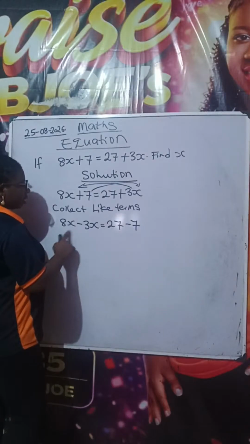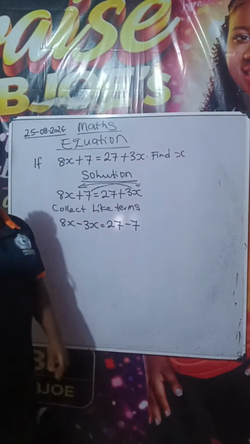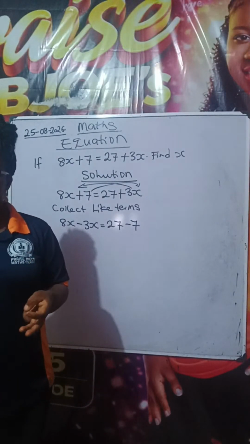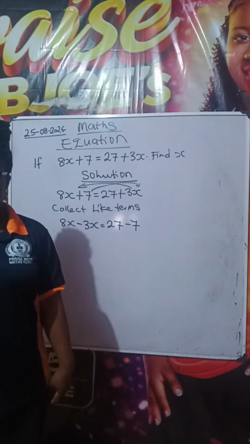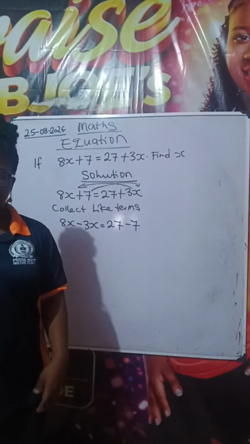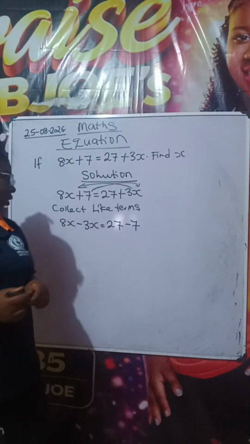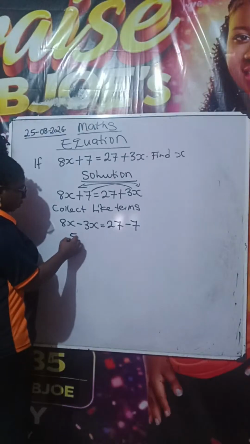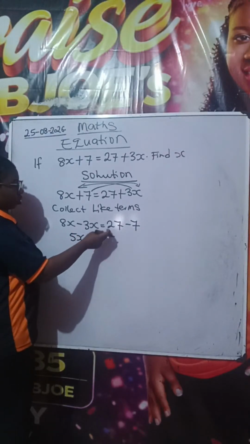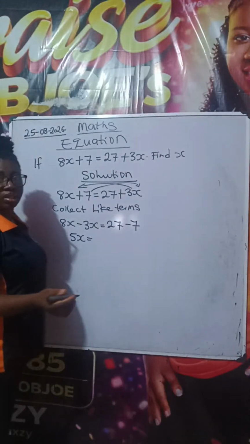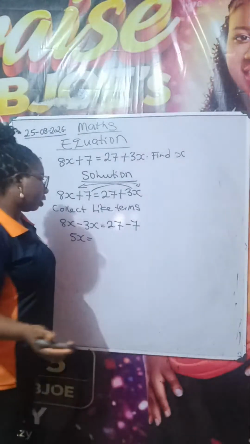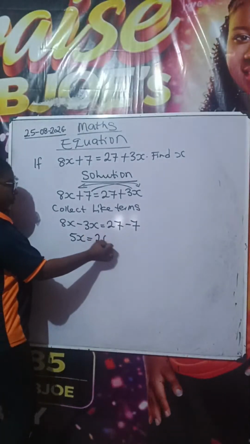So 8x plus minus 3x, what do we have? You have 8x and you remove 3x. So how many x is going to remain? That will give us 5x. So we have 5x equals 27 minus 7. What do we have? 27 minus 7 will give us 20.